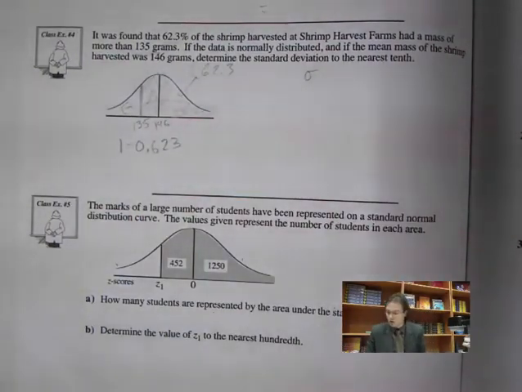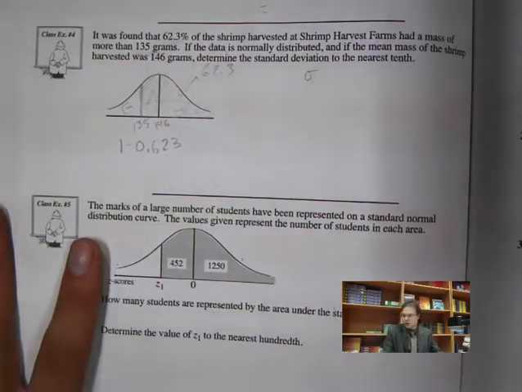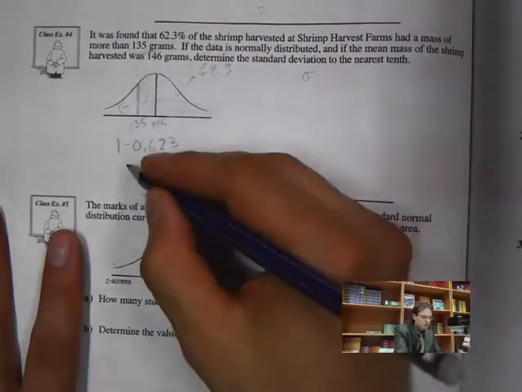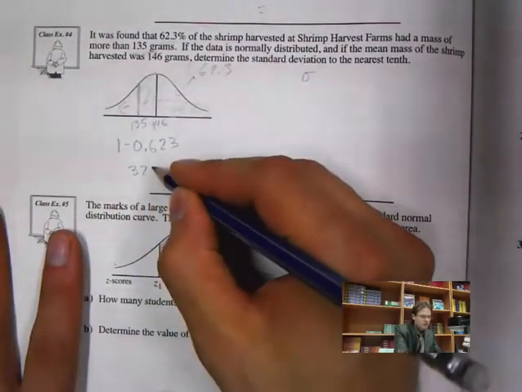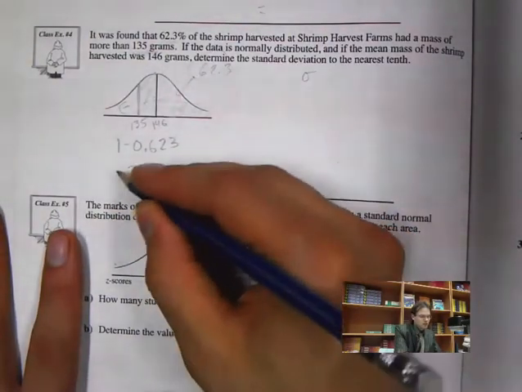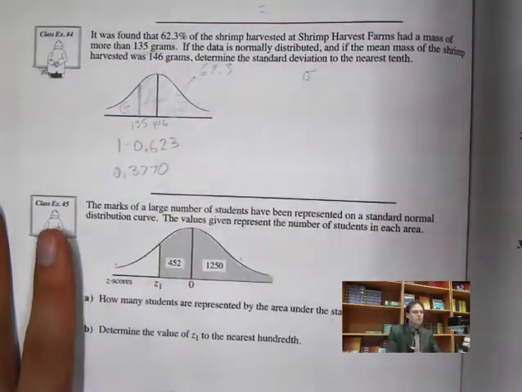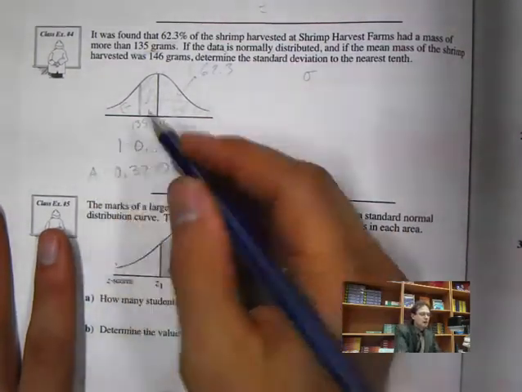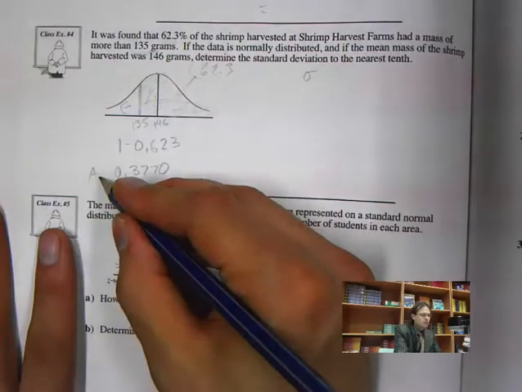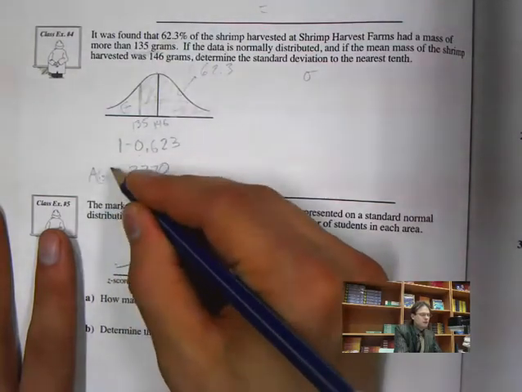I'm going to get 0.3770. So that is my area of 135.